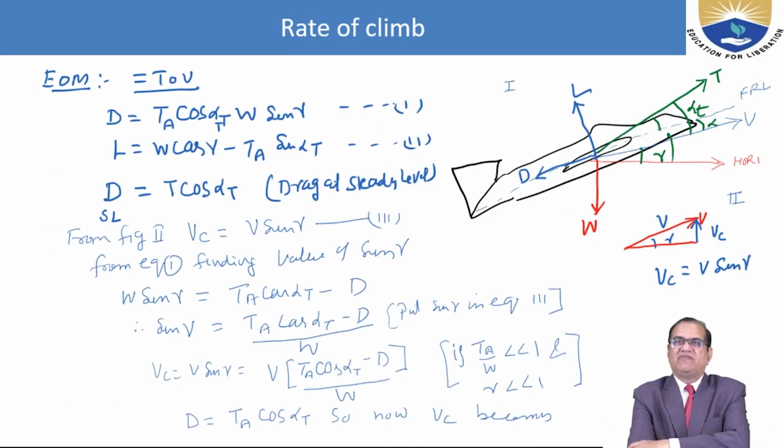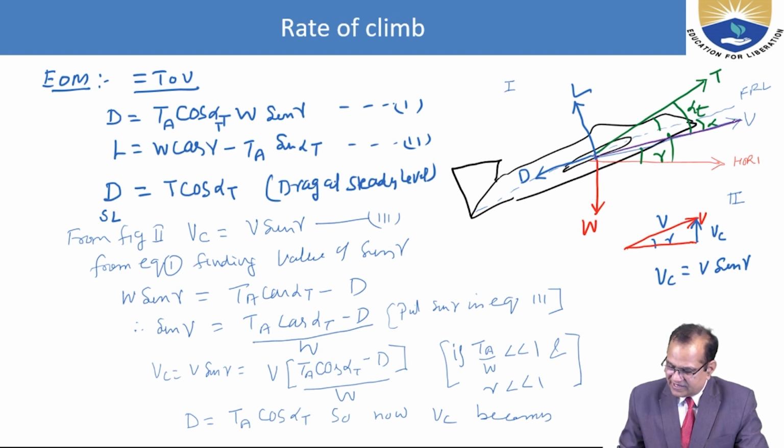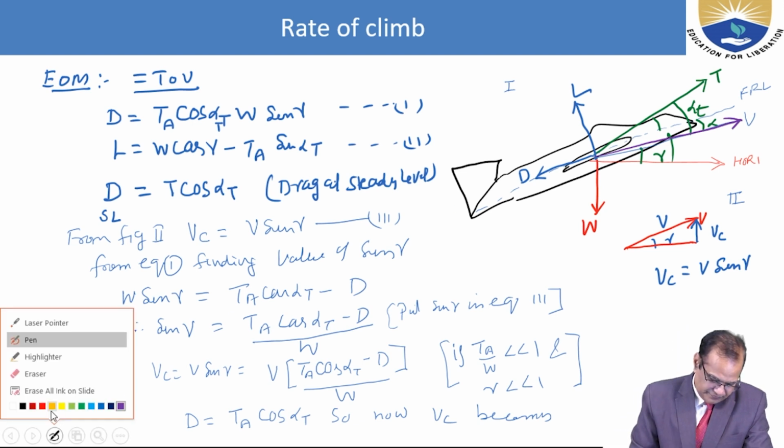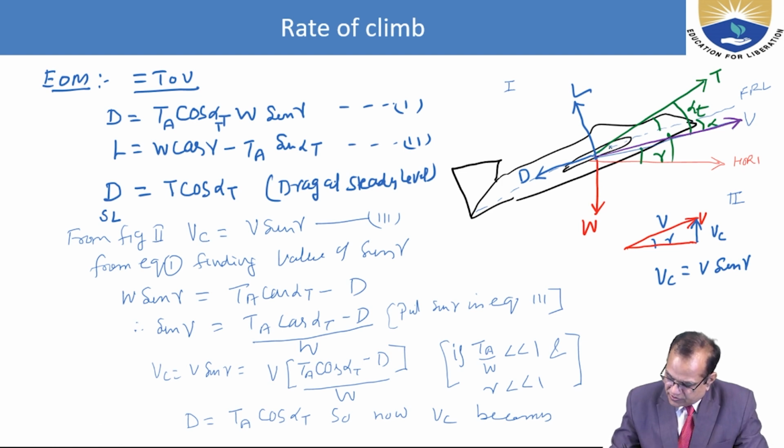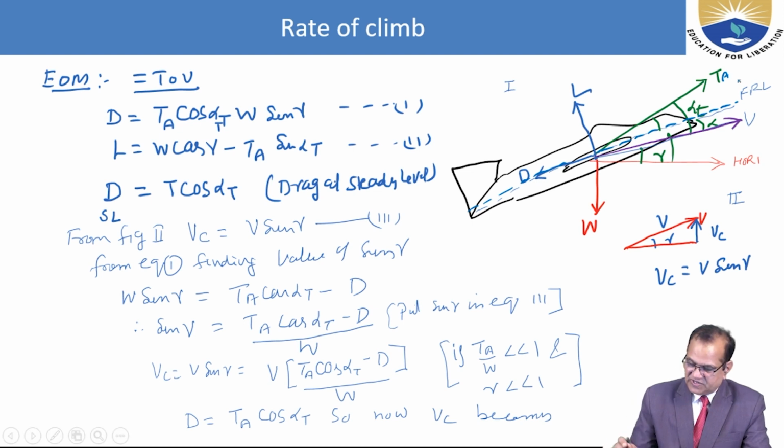Now we will further discuss the same thing which we have also discussed in my previous lectures. Here is the aircraft. This has the horizontal here. This is the velocity direction of the aircraft. This is the FRL, and here we have the direction of the thrust.